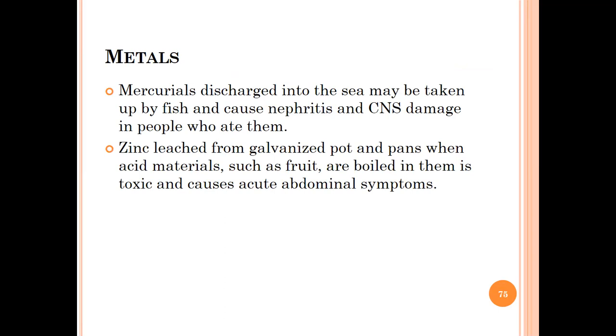If it's accumulated in the sea or in a river on the bottom, and in the food chain, it can be transmitted from river to fish to humans. For example, mercury intoxication caused Minamata disease. Its name originates from one district, Minamata district, or the name of a Japanese river.